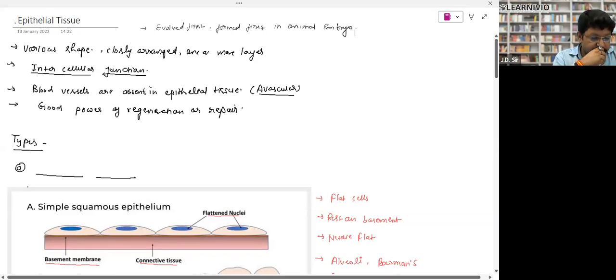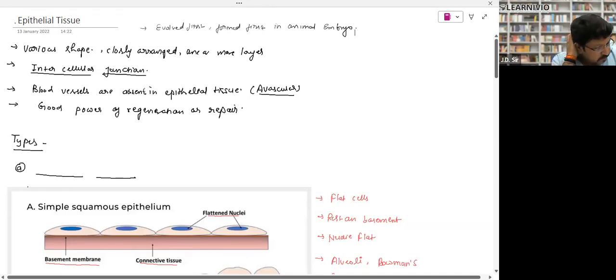That's why they are called avascular. Avascular is written over here. Means that is, you can note it down, no arteries and veins.